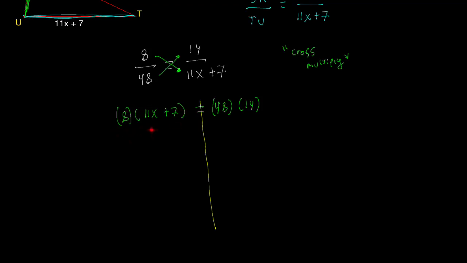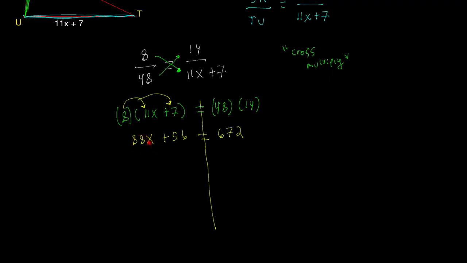On my left hand side, I can already see that I'm going to have to apply the distributive property. So 8 times 11x, that's going to be 88x, and then 8 times 7, that's going to be 56. And then 48 times 14, I already calculated this value at 672.